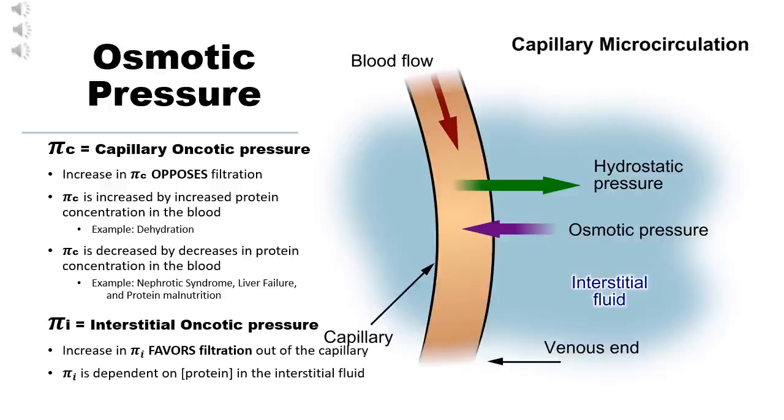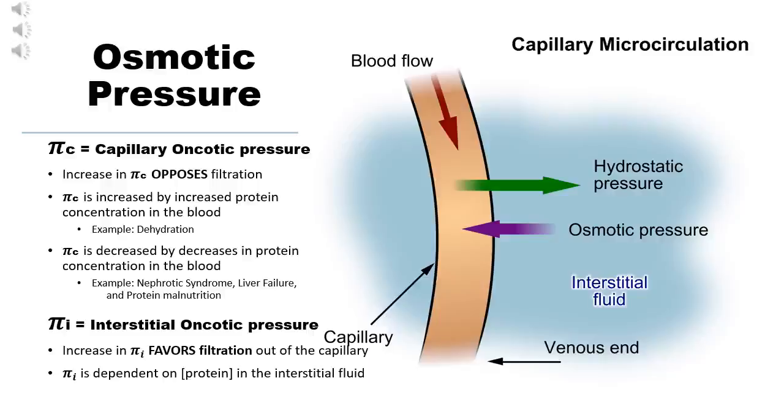So oncotic or osmotic pressure, as I said, is symbolized by the pi sign. So pi C is going to be capillary oncotic pressure and pi I is interstitial oncotic pressure. We already said that oncotic pressure is going to be pushing and pulling with reabsorption, and reabsorption means reabsorbing blood or filtrate back into the capillaries, back into the blood, and that oncotic or osmotic pressure is going to be dictated by protein concentration.